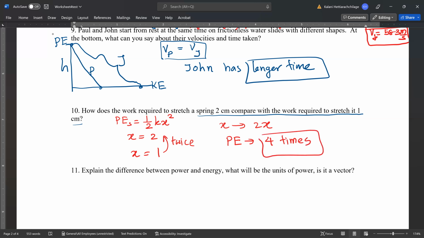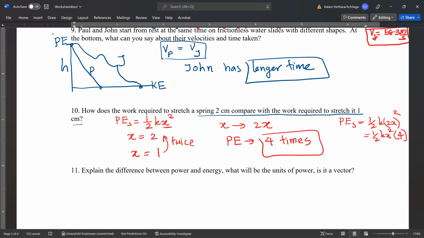Because x is changed into 2x here, the potential energy of the spring in the new case will be half k (2x) to the power 2. So this will be half k x to the power 2, what I had earlier. Now I have 2 to the power 2, that is 4. Because of that, that will be 4 times.